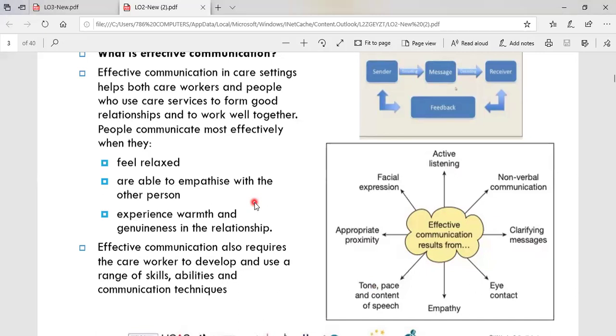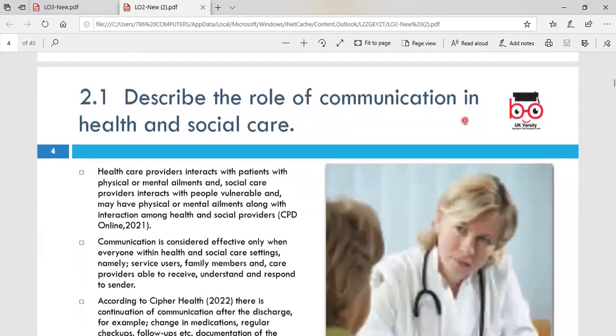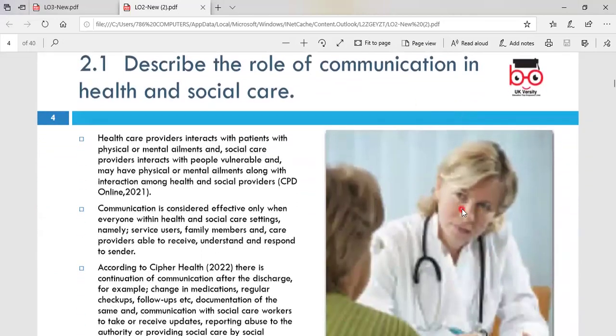Effective communication will also require the care worker to develop and use a range of skills, abilities, and communication techniques in case there is a difficulty in any aspect that I've spoken about. As you can see in this picture, there's a care provider, and she is listening carefully and actively to this service user.